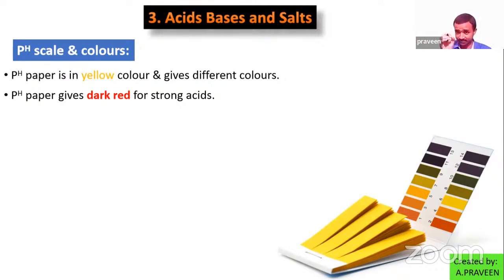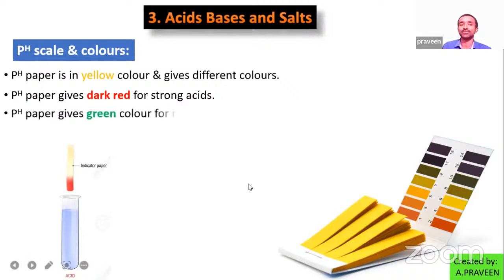So dark red for strong acid. Look at that. If you dip the yellow pH indicator paper into the acidic solution, it changes into dark red. That is for strong acid.